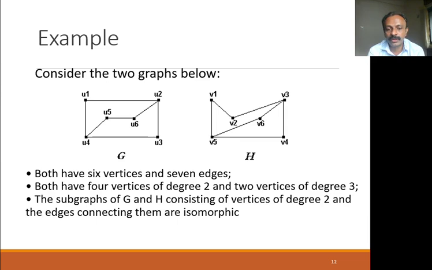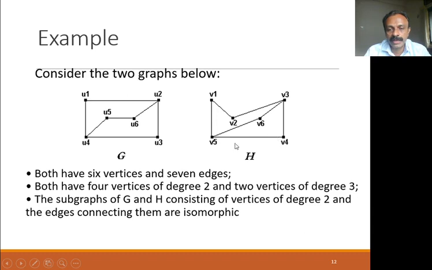Both graphs have 4 vertices of degree 2 and 2 vertices of degree 3. U4 and U2 are degree 3, and U1, U5, U6, U3 are degree 2.